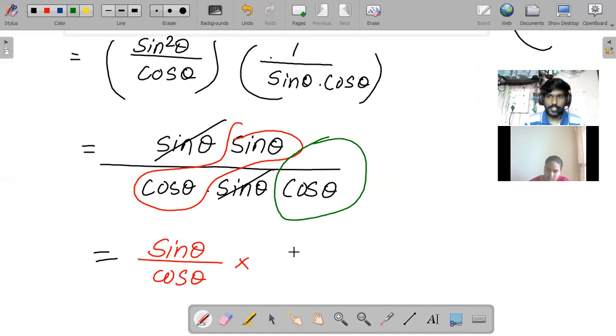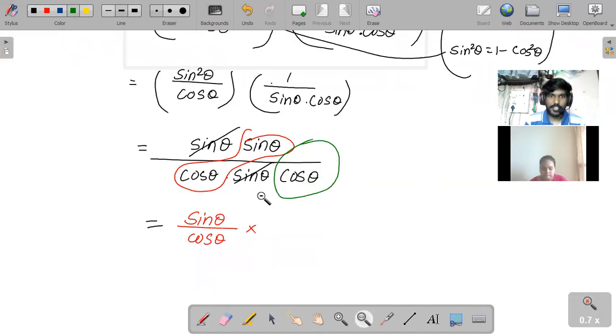First pay attention here. This sine and this cos came together, sine upon cos. Now there is one more extra cos in the denominator, so I'll write it as 1 upon cos theta. Did you understand this? Now what is sine upon cos? Sine upon cos is tan theta.